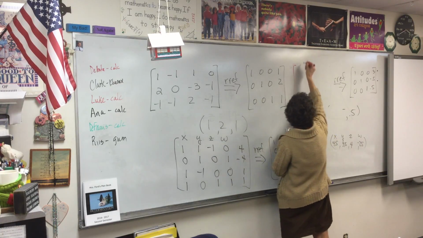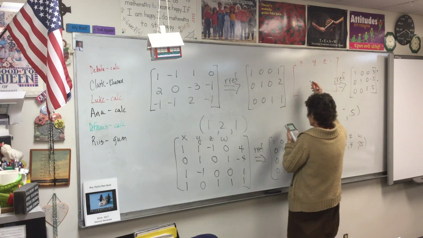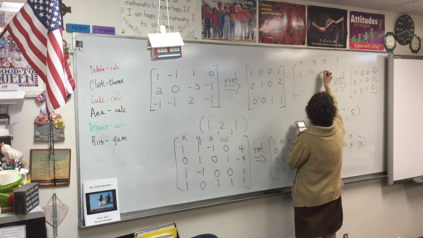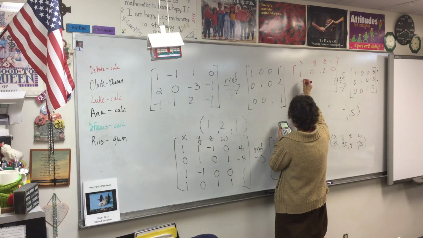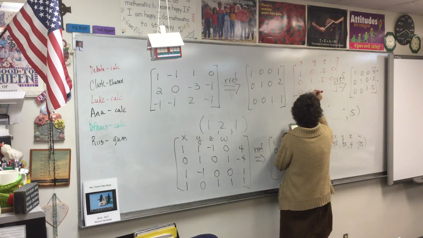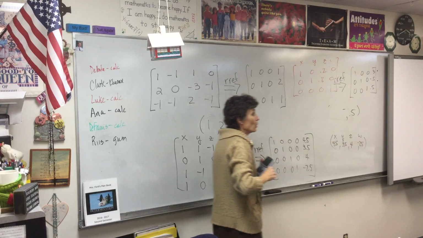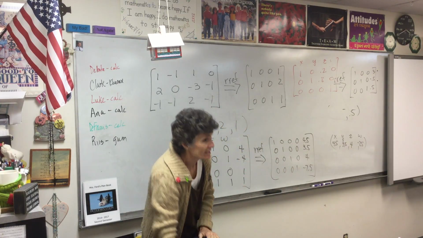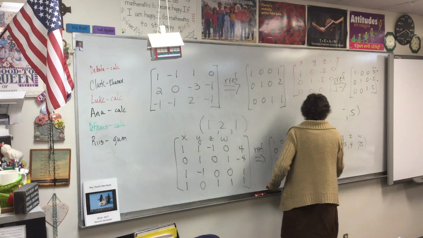That top row, which is X, Y, and Z, and then your equals number, is 1, 0, 2, 0. And then you have 0, 1, 8, 0, and then you have 0, 0, 0, 1.